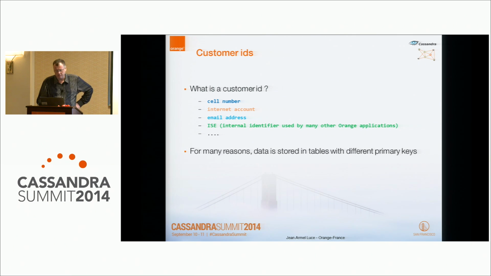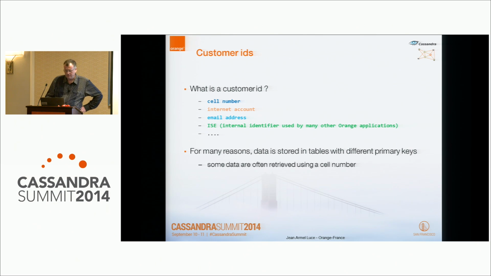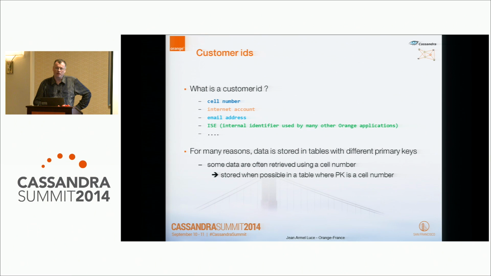And for many reasons, the data is stored in tables having different primary keys, having different identifiers of customers. An example is that there are some data which are often retrieved using a cell number. So in this case, we try as much as possible to store those data in tables where the primary key is a cell number.